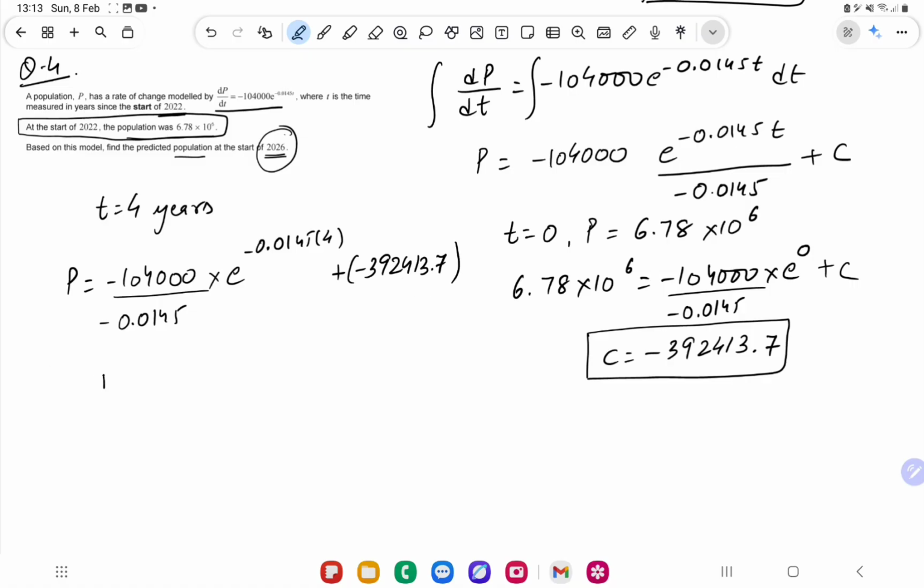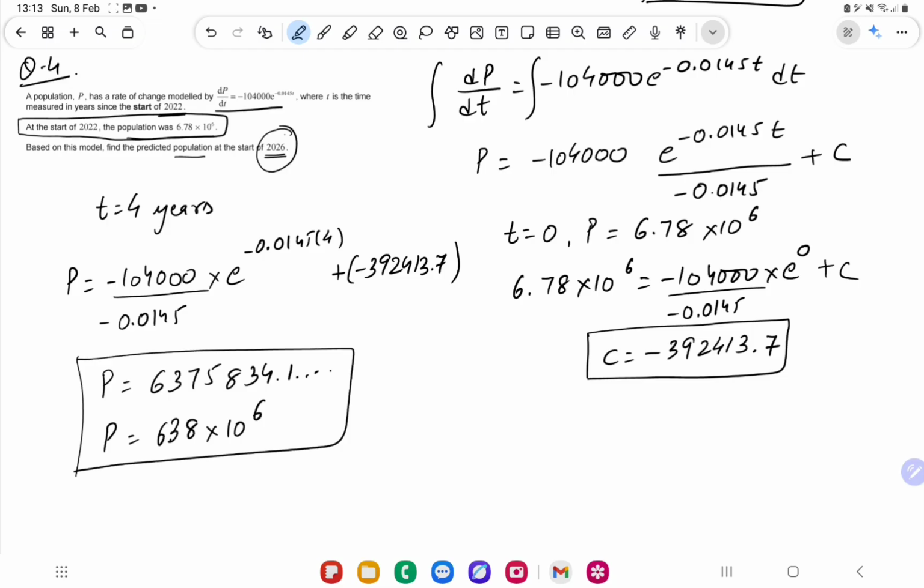So when you use your GDC, you will get P as 6375834.1 and so on. So I can also write this as 638 into 10 to the power 6. So both answers are acceptable.